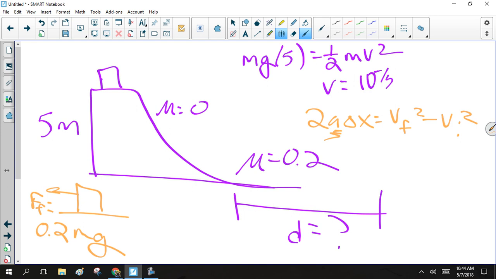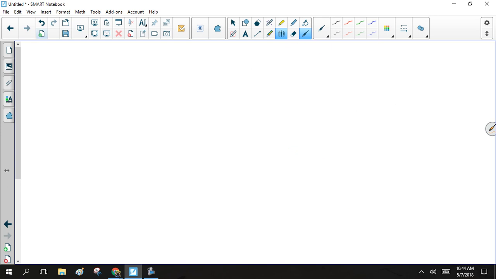Anybody do it differently? You can do it in one step. Because look, the block is going to begin with GPE, right? Isn't friction a non-conservative force? So this should equal the work that friction does times the distance d.